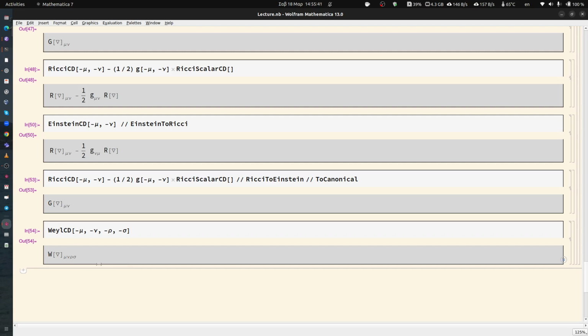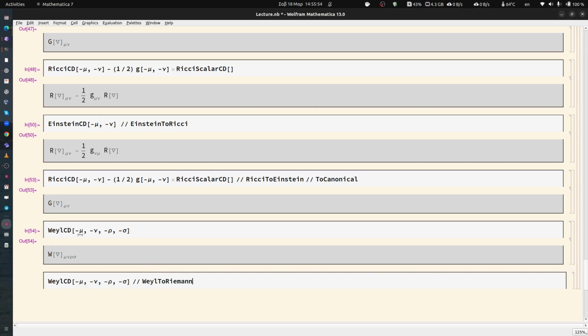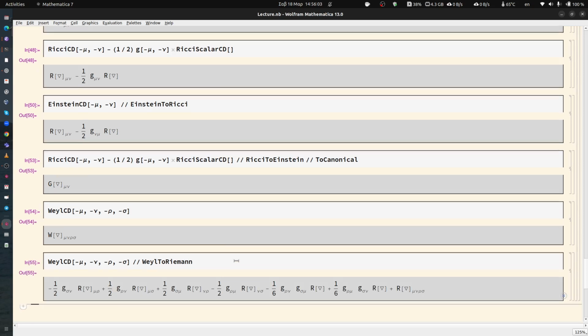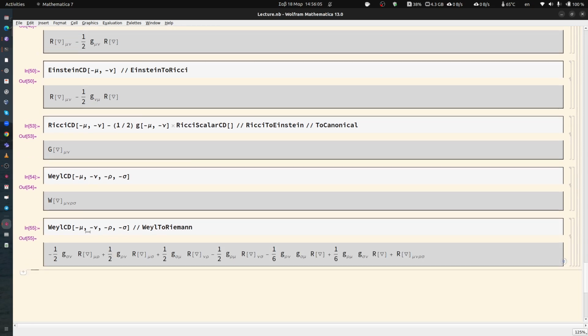So there is a special symbol for this, and if we have expressions involving the Weyl tensor, we can convert all the instances of the Weyl tensor to the Riemann tensor by applying the function WeylToRiemann. So this is a way, if you have forgotten how to express the Weyl tensor in terms of the Riemann tensor.